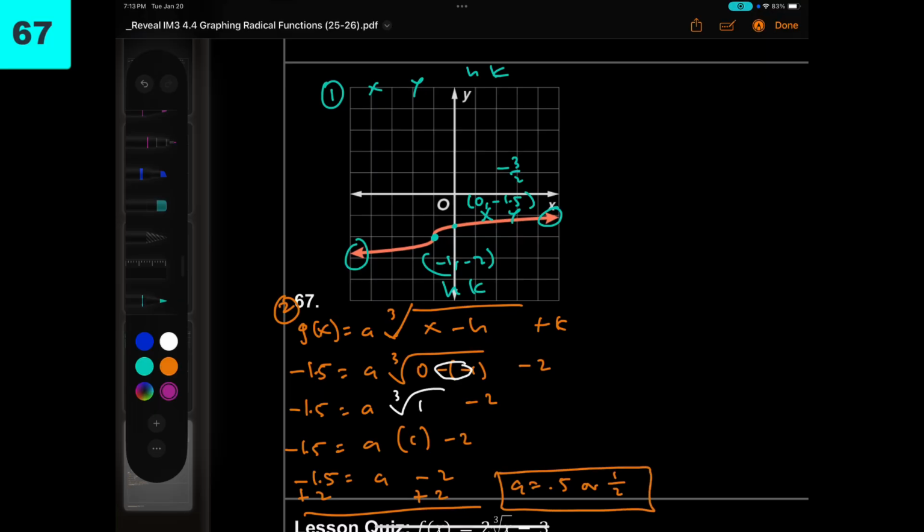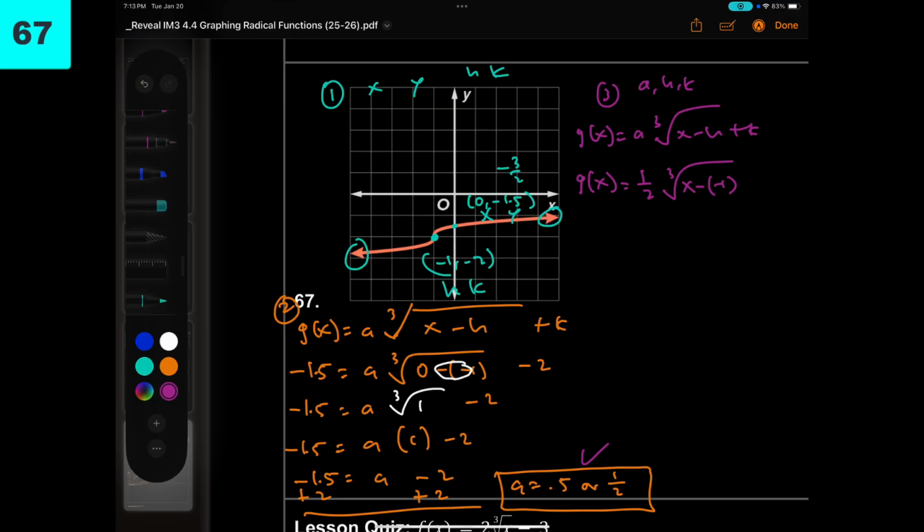Okay, let's write an equation. Now I'm just using a, h, and k. The a value we got down here is 0.5 or 1/2, so it's being compressed. My h value is -1.